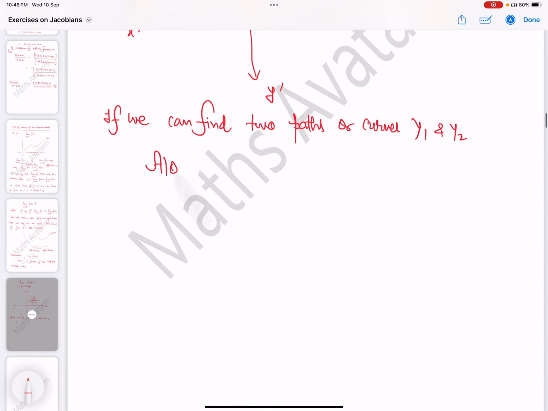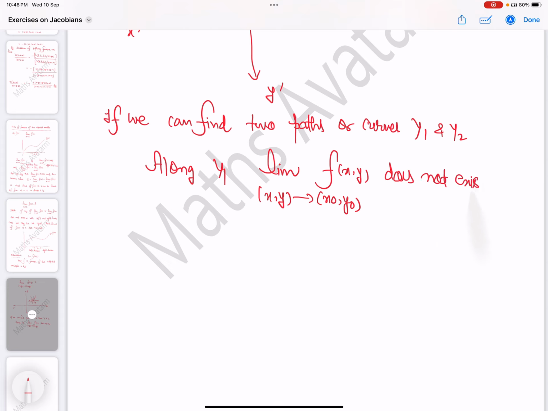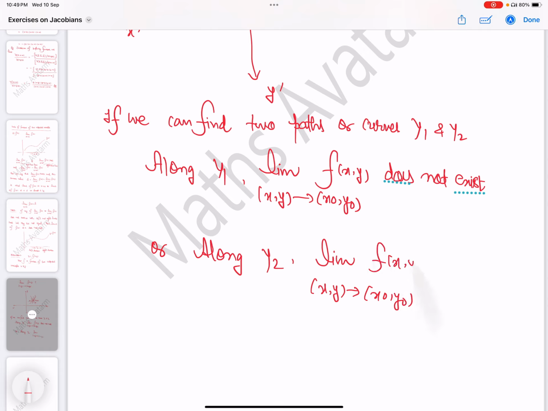Along gamma 1, the limit as (x, y) tends to (x naught, y naught) of f(x, y) does not exist, or along gamma 2, the limit as (x, y) tends to (x naught, y naught) of f(x, y) does not exist.